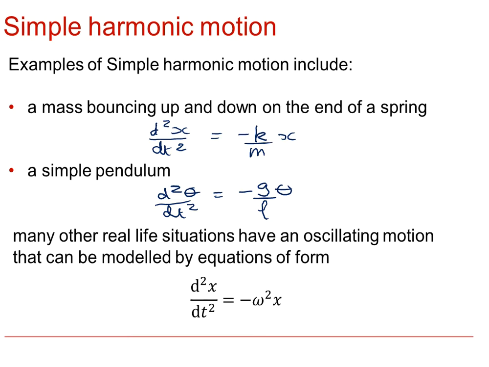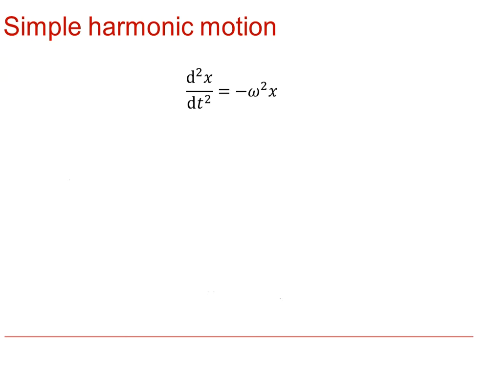Many other real-life situations have an oscillating motion that can be modelled by equations of the form d²x/dt² equals minus omega squared x. If we use the auxiliary equation method that we've come across in previous series, we will see that we'd have m squared equals minus omega squared, so m will equal plus or minus omega i.